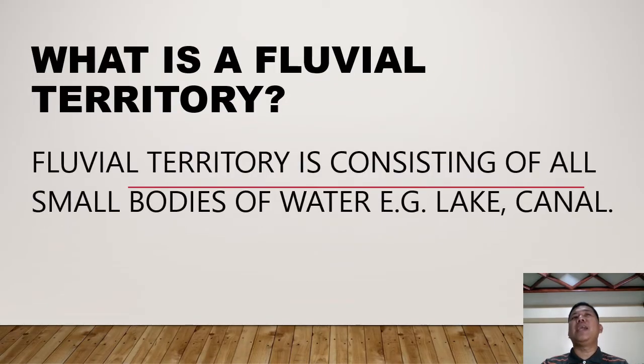How about a fluvial territory? Fluvial territory consists of all small bodies of water. For example, a lake, a canal, or in the Bicol region, the Bicol River connecting to the many small rivers in the Bicol region, or the longest river in Cagayan.